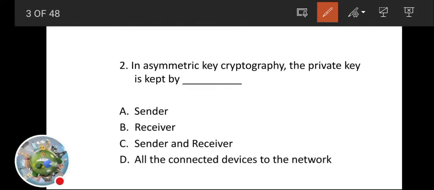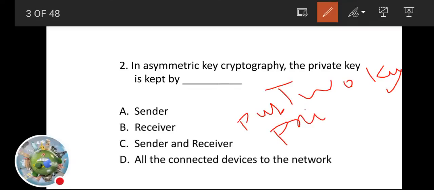Remember that asymmetric cryptography uses two keys, that is public and private. So the sender encrypts the message with the receiver's public key.